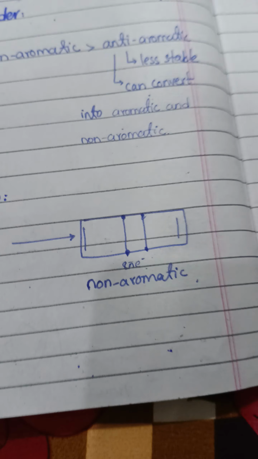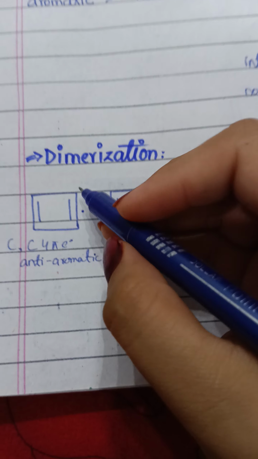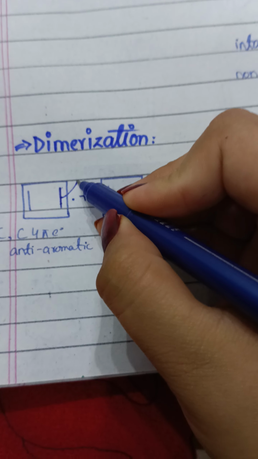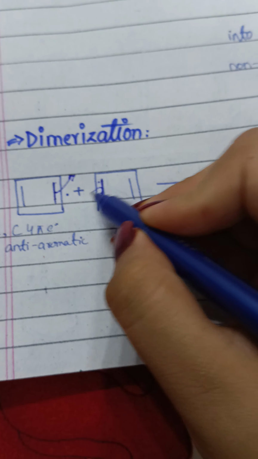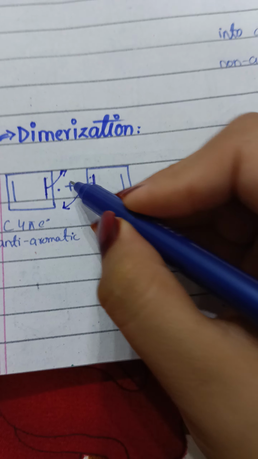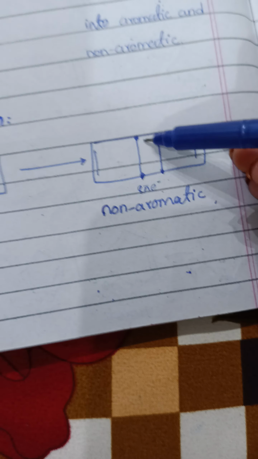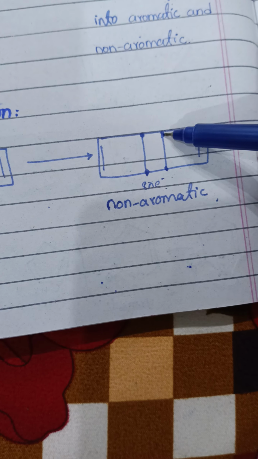For example, this lone pair transfers there, and this lone pair transfers that way. Due to this transfer, this pi electron came to that side, and this pi electron came to that side.